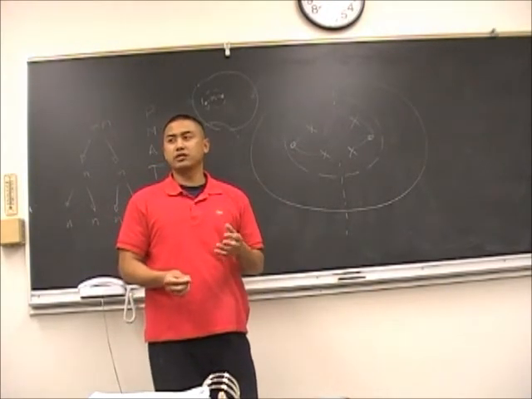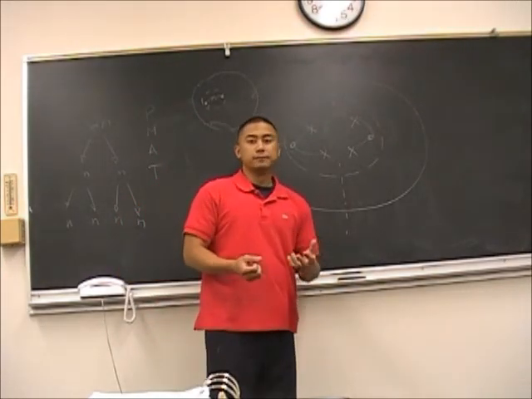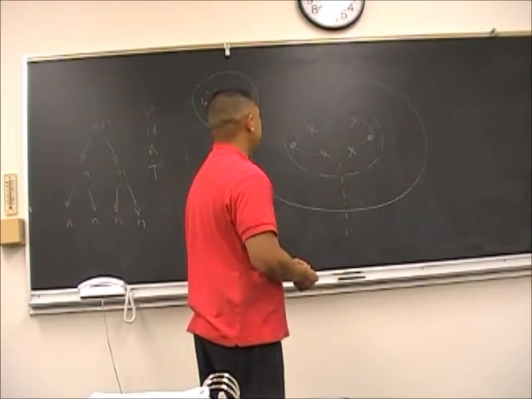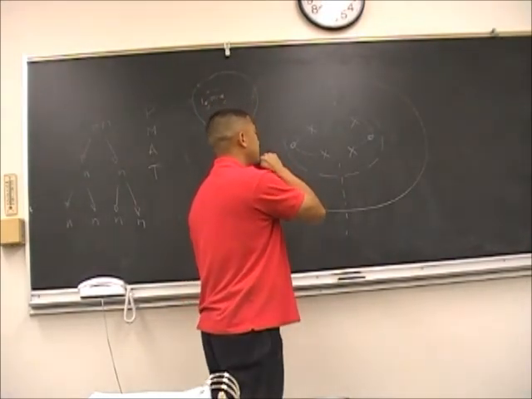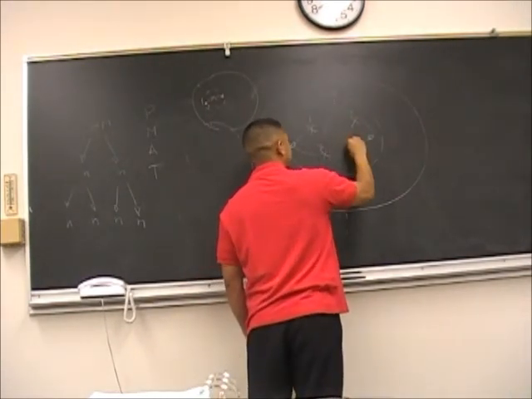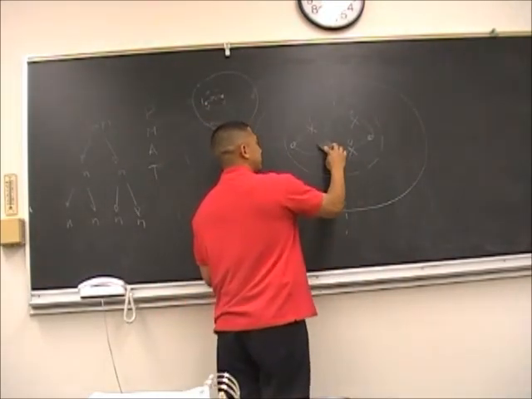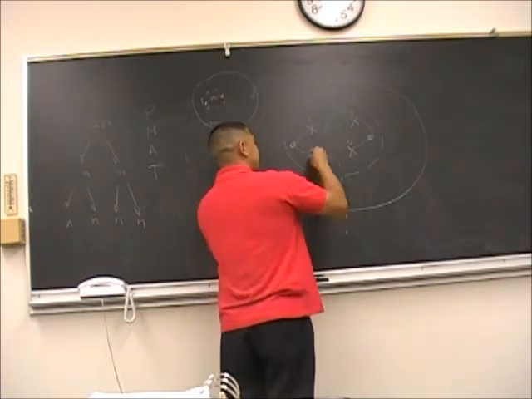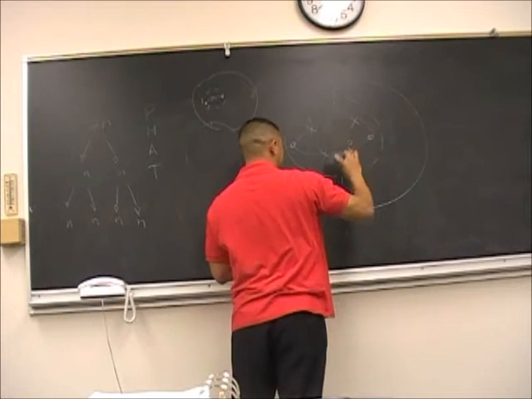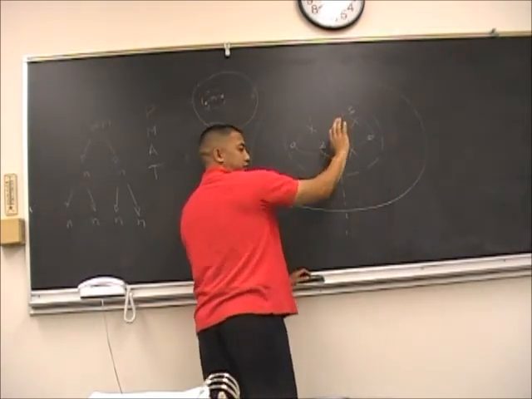What was the first source of genetic diversity that we covered in prophase 1? The crossing over. The switching of different parts of the chromosome pairs. So this could be 1 and 2 on this side, 3 and 4 on that side.